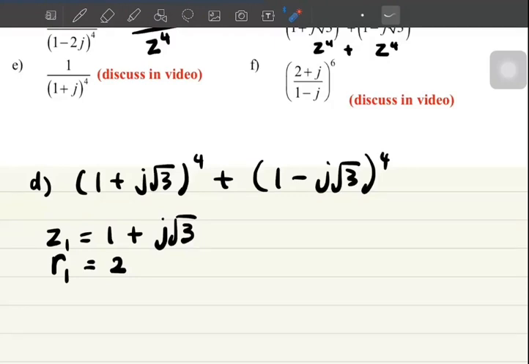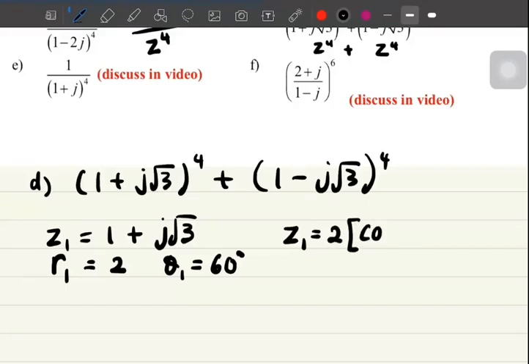Yes. So kuadran yang pertama, so you directly get your theta lah kan. So your theta 1 is equals to 60 degree. So kalau kita nak tulis dia dalam bentuk polar form, so that you have your Z1 is equals to 2 cos 60 plus J sin 60.